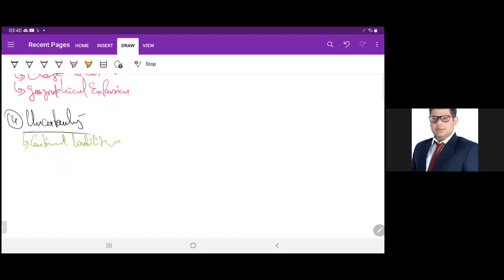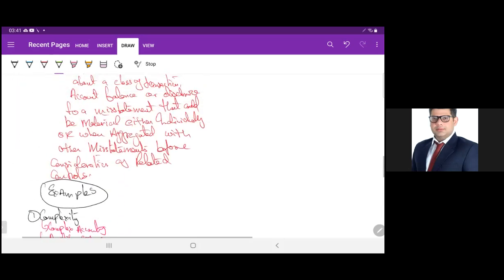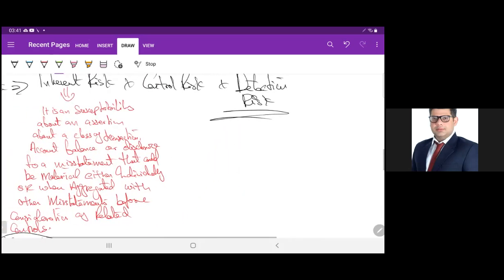Uncertain key issues such as legal issues, financial issues, such as the audit of a company, where there are litigation issues, right? So these are the examples of inherent risk so far.